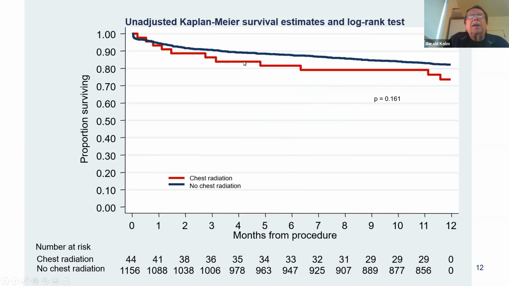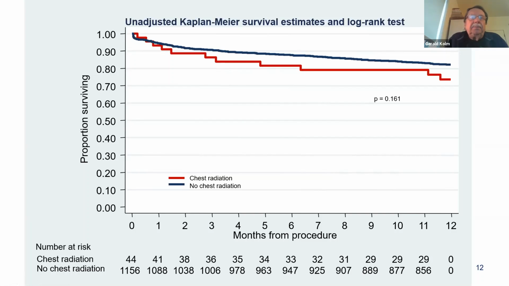When there's a horizontal part of the curve here, it means that there's no event occurring, although there could be patients who are censored at this time. And then here we have another event, and so on.